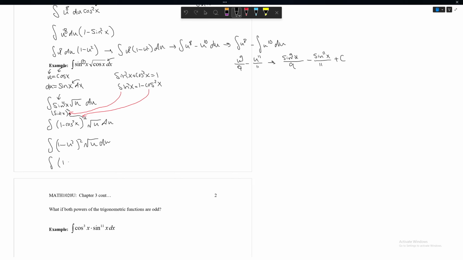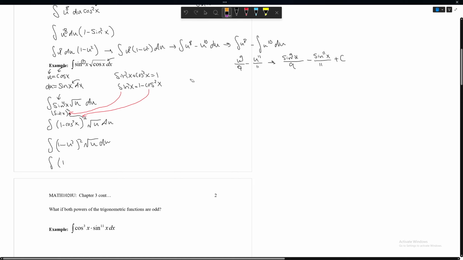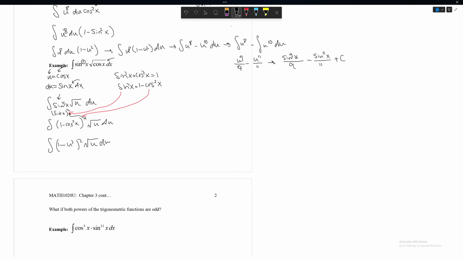If I remember correctly, the way you would expand this is 1 minus u squared times 1 minus u squared, because it's a quadratic. You don't just apply the 2 on your 1 and apply the 2 on your u squared, because you have to write this out, then you have to FOIL.